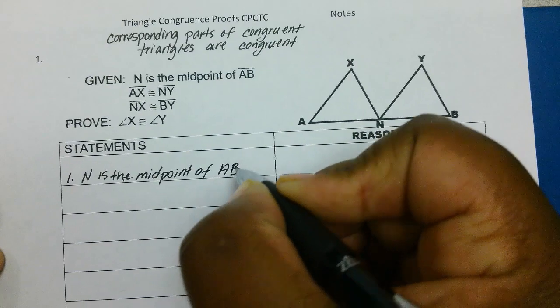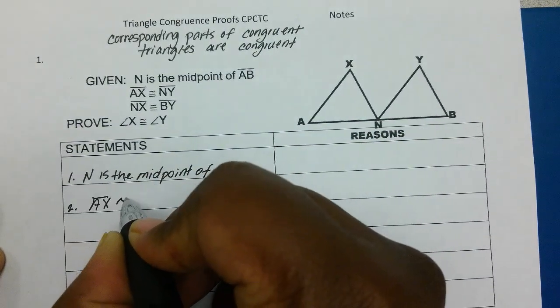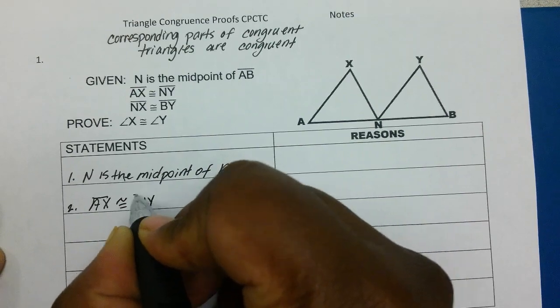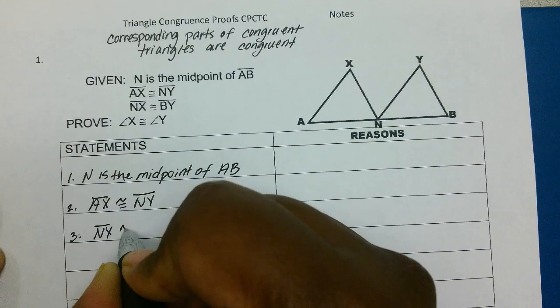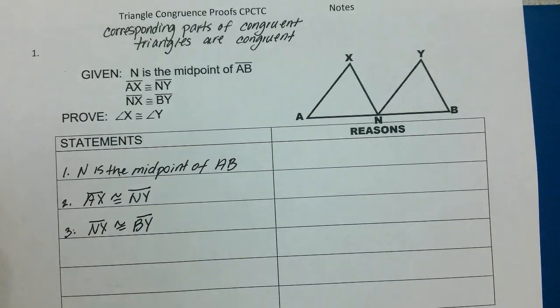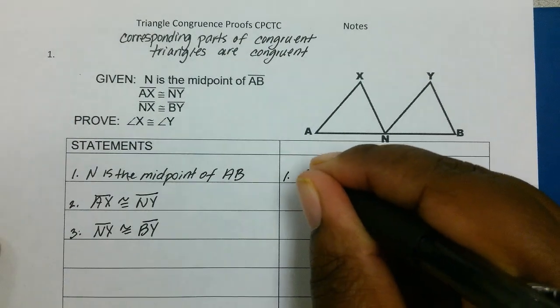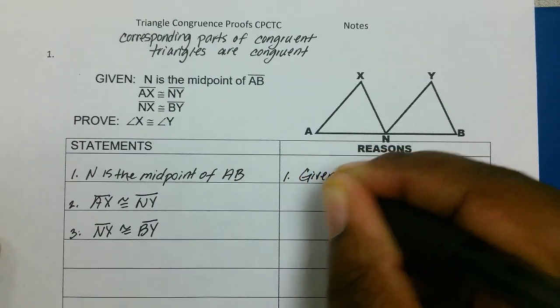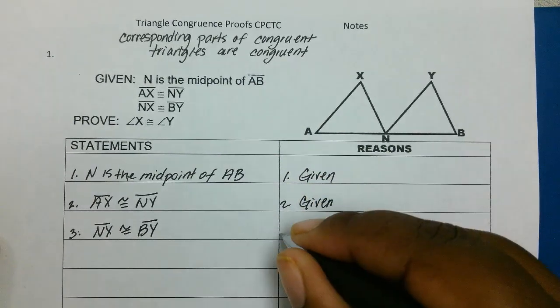I would say AX is congruent to NY. And then I can say that NX is congruent to BY. And my reasons for all of those, why are these things true? Because it was given to me. I only know that this is true because it was given. So those are my reasons.